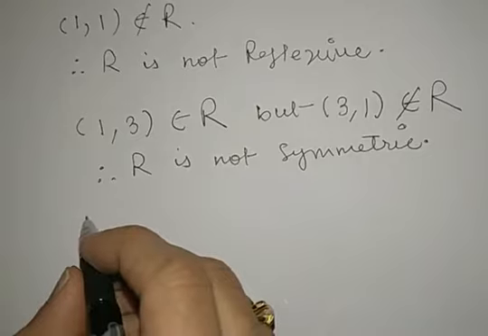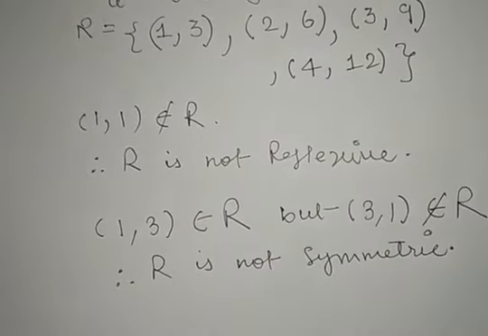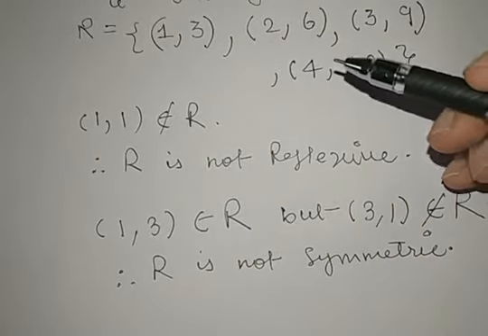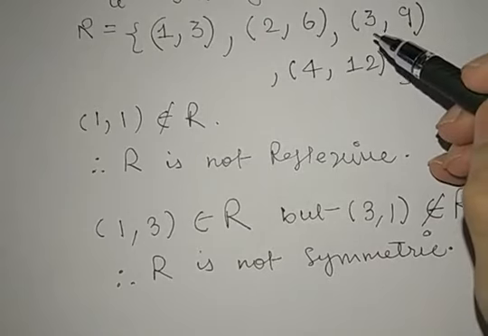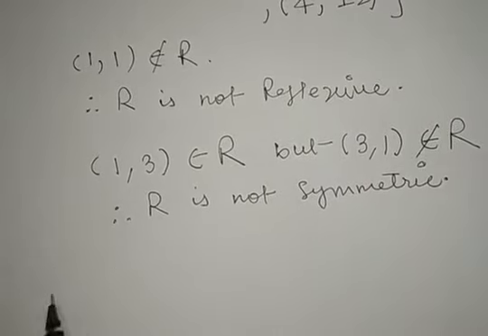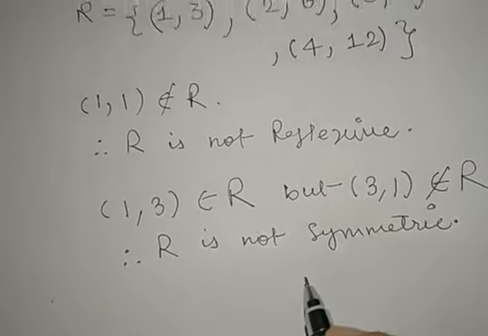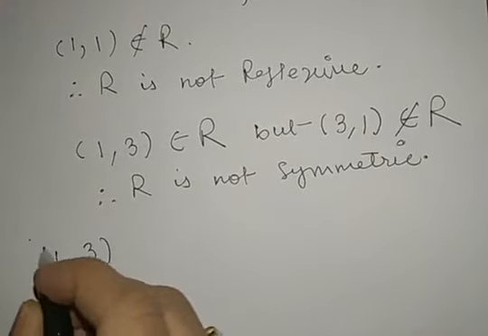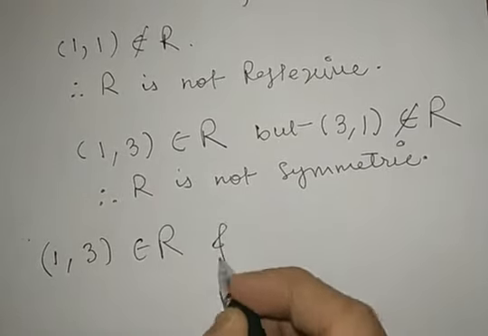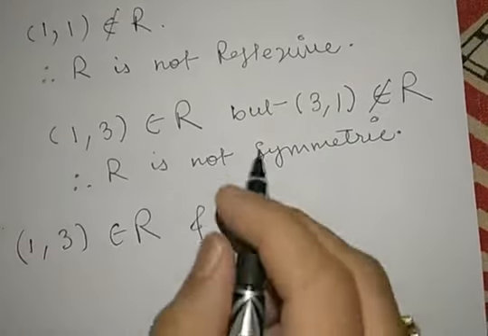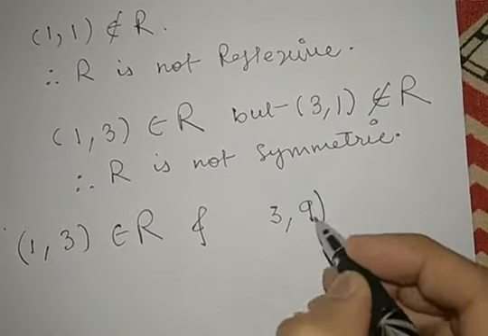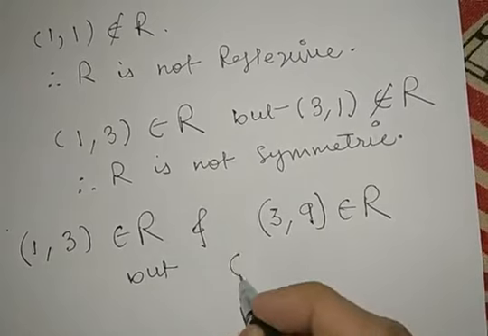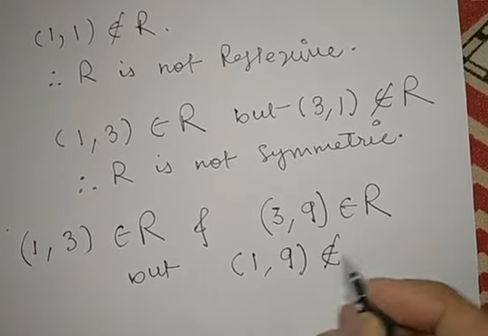Now if we take one element here, say (1, 3), and there is one more element here, that is (3, 9). So what you have is the element (1, 3) is in R, and also (3, 9) is in R, but what happens here, (1, 9) doesn't belong to R, right?